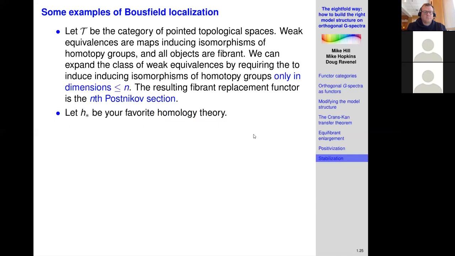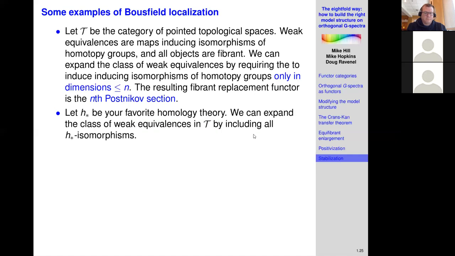Now, the example that you might say made headlines in the late 70s is this. Let h_* be your favorite homology theory. We're going to say that the class of weak equivalences is all maps that induce isomorphisms in this homology theory, whatever it is.